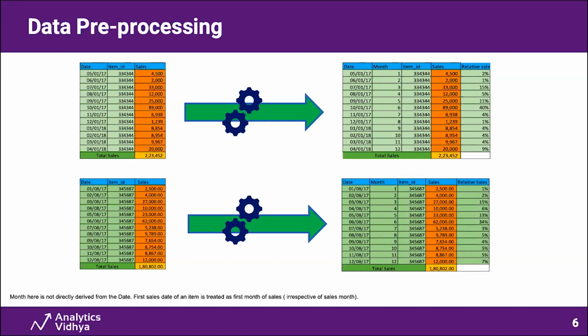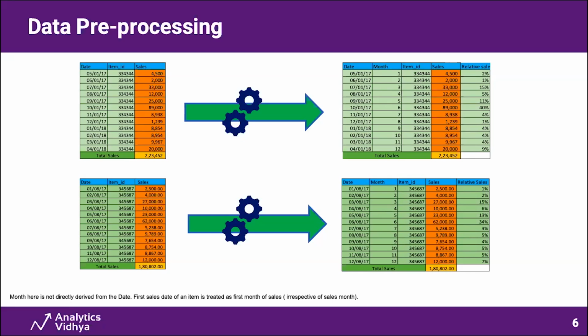This SKU is launched in May 2017. The first sales observed for this item ID is May 1st 2017. The first value in the date is month, then date, then year.